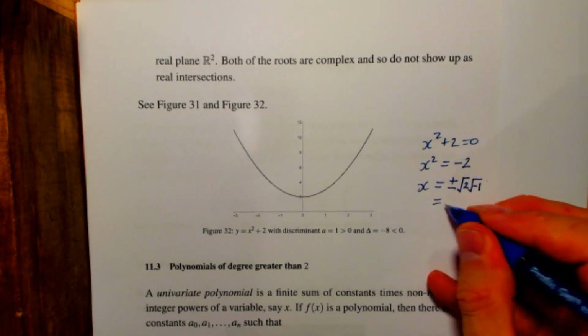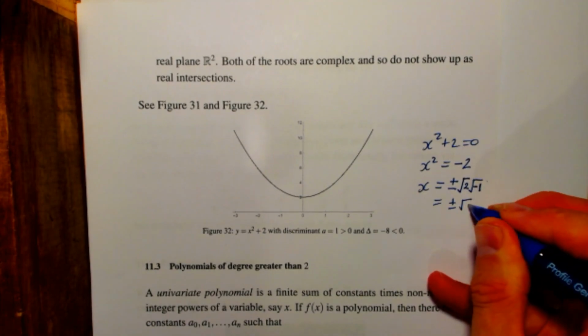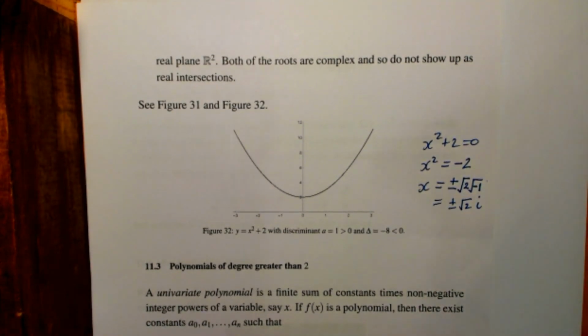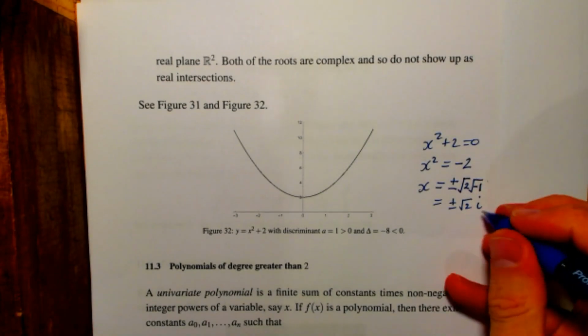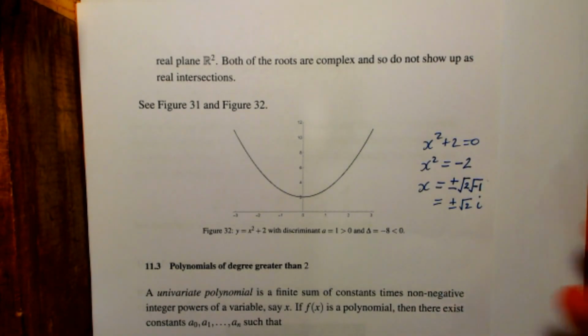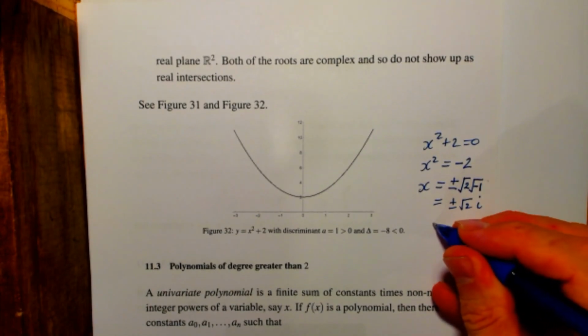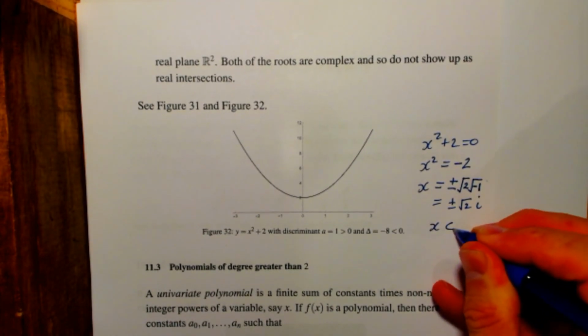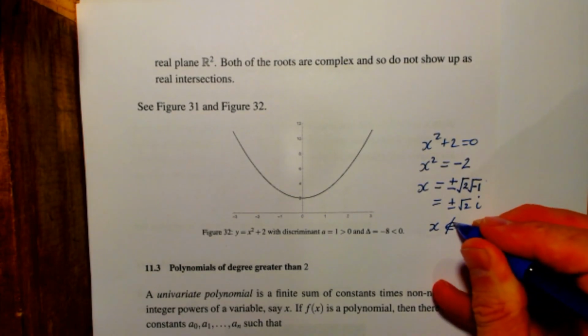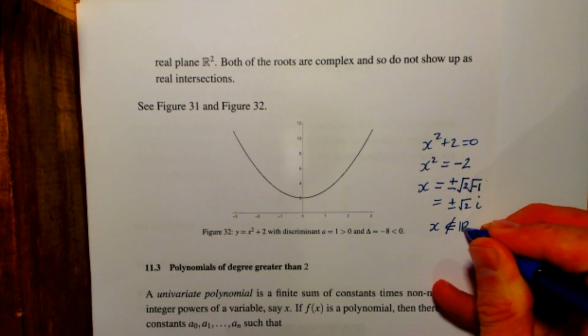So we could say that this is plus or minus root 2 i. Right, but this number is complex and not real. So x does not belong to the real numbers.